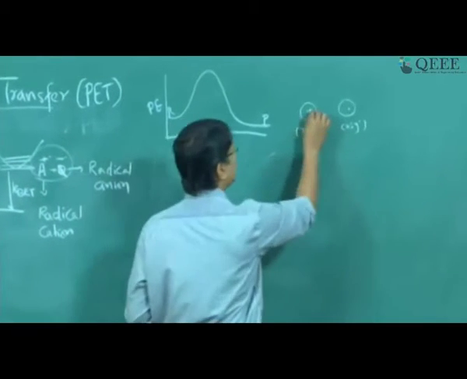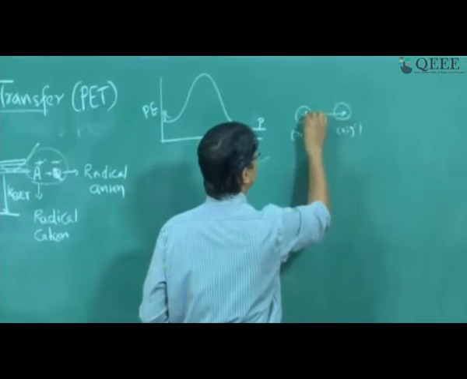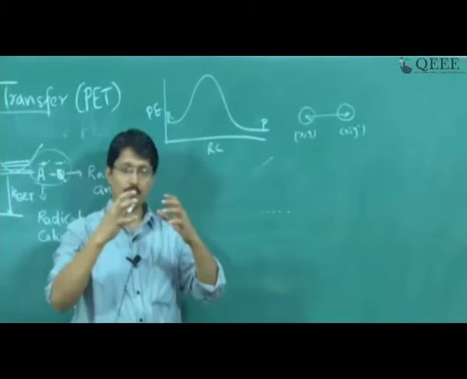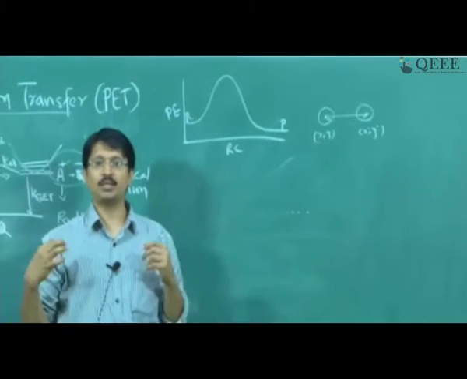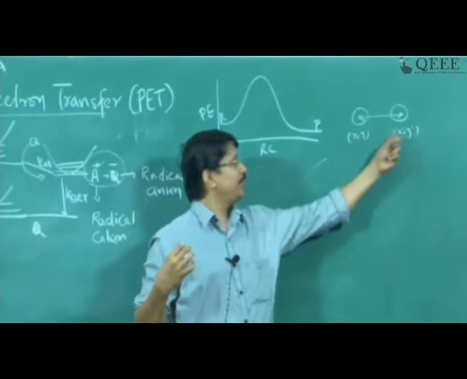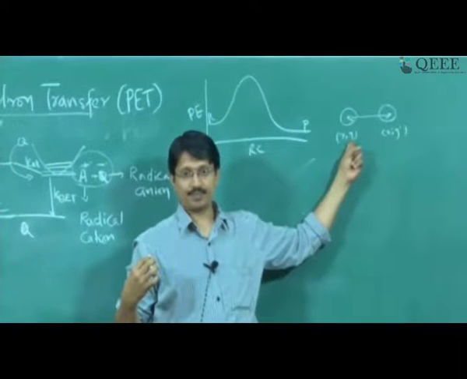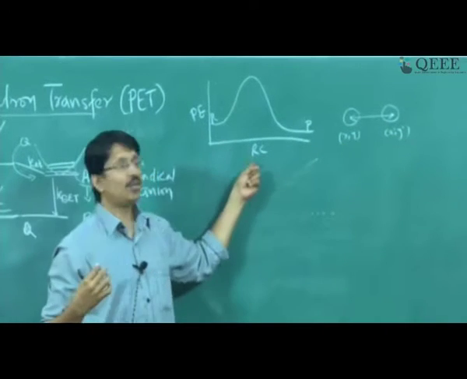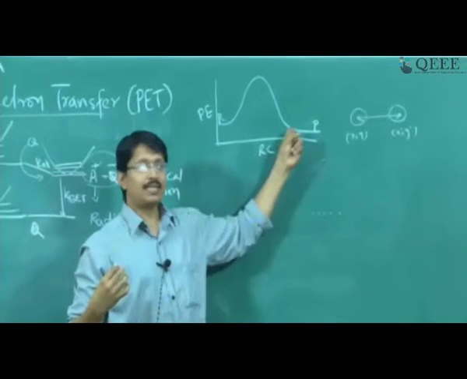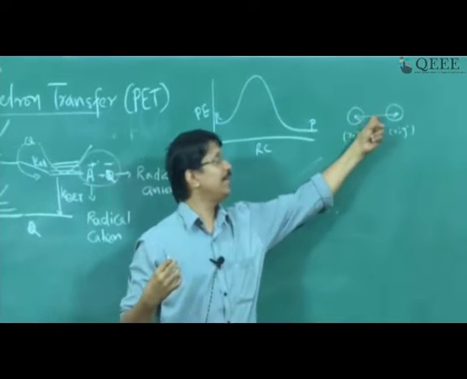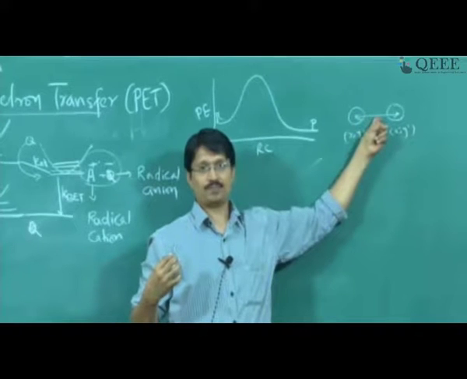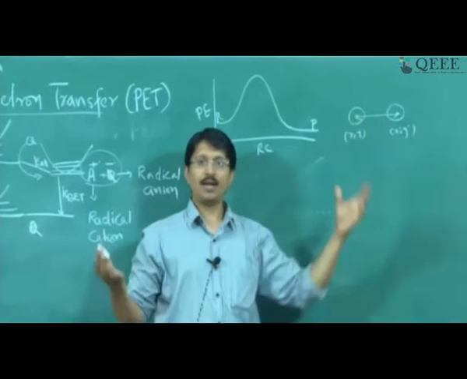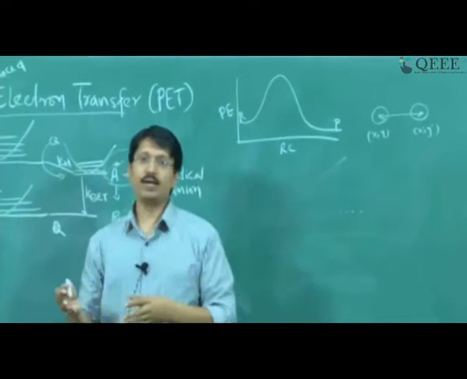Now the internuclear distance, suppose they are coming close, suppose they are going far away from each other, I can represent by these coordinates. So when I say reaction coordinates, one of the things I can represent is the internuclear distance. Similarly, bond angle, bond length.